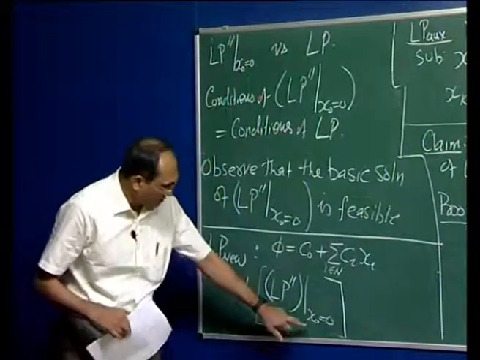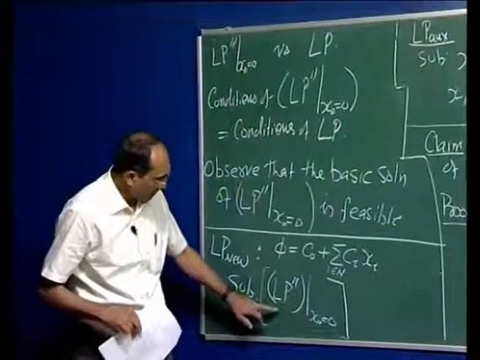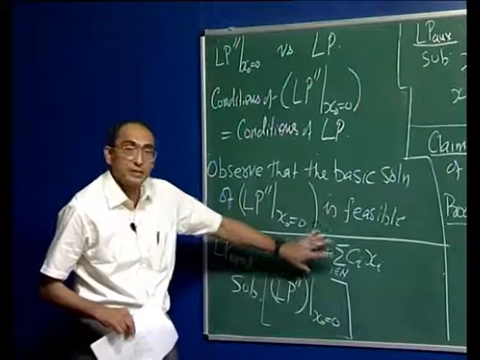There's only one thing that you may have to do, which is that the N and B sets of this may no longer be the same as the original ones.